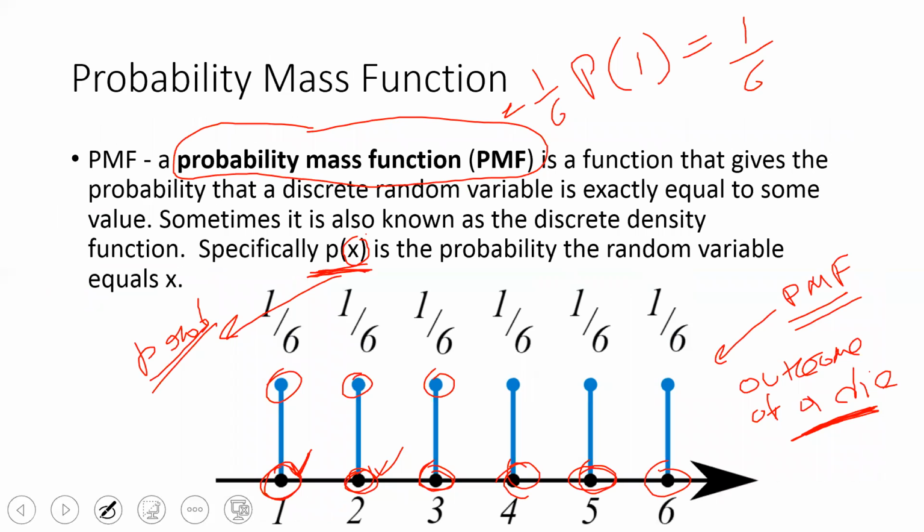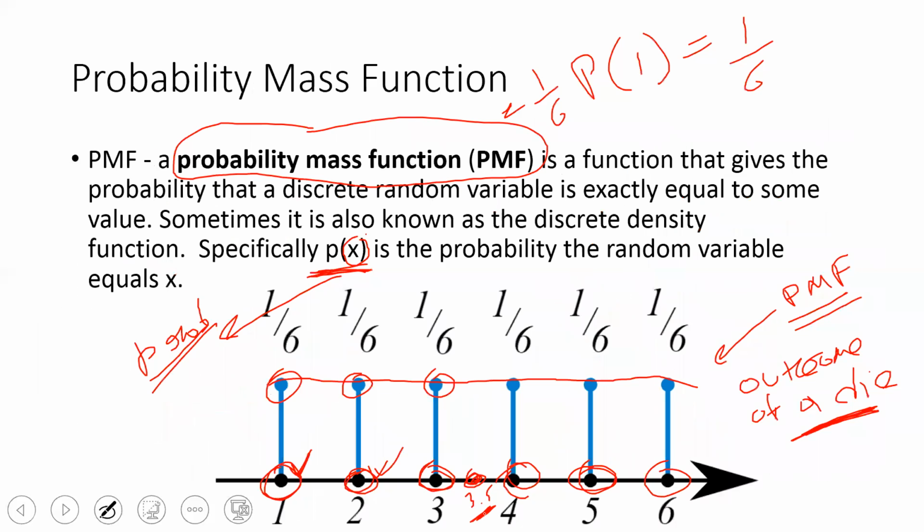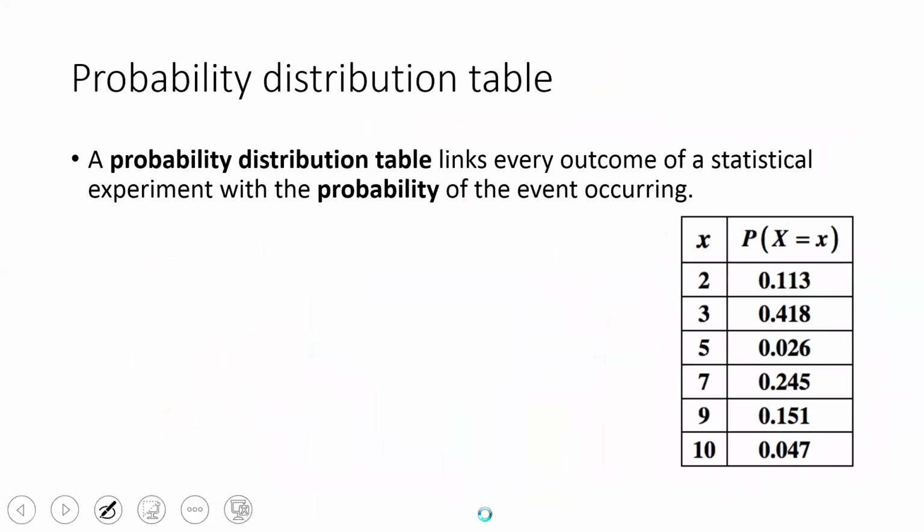But in the probability density function, I will get a continuous output, so I will be able to find the probability of any value in this range, for example 3.5. That is the thing in this probability distribution. Using this probability mass function, we can get the probability distribution function also.